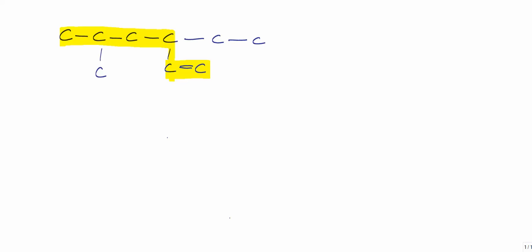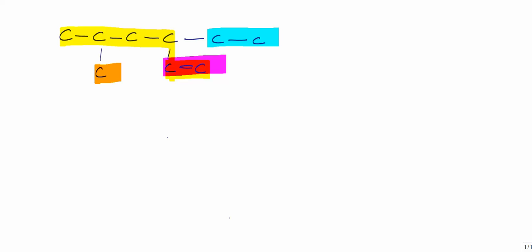Well, we've got our functional group there, so let's have a look at that. So there's our functional group. Along with our functional group, we have 2 branches. Okay, so we have all the components that we need there.